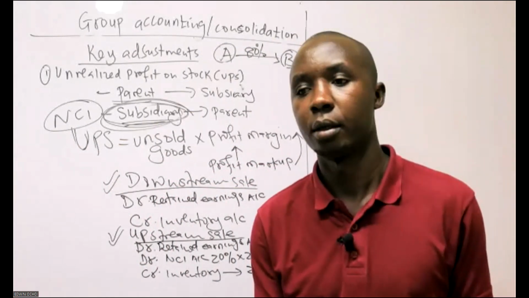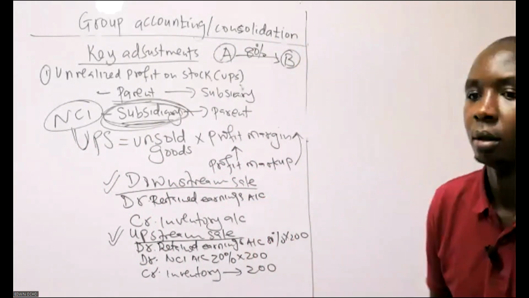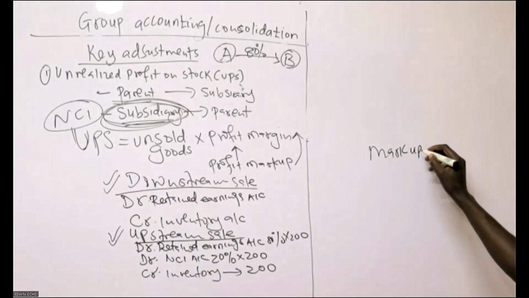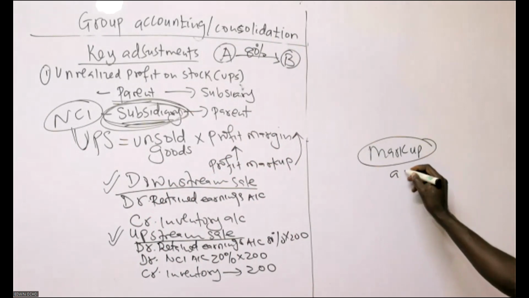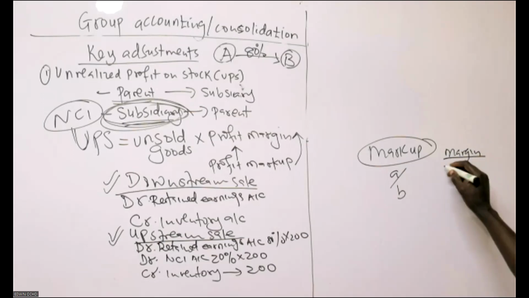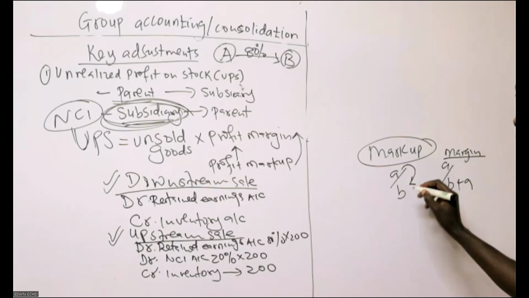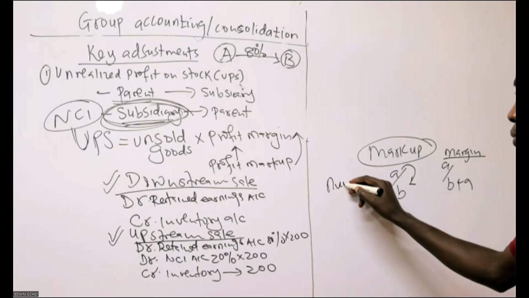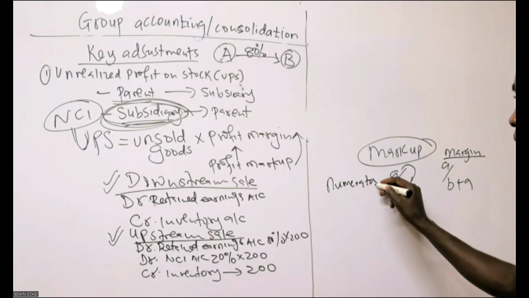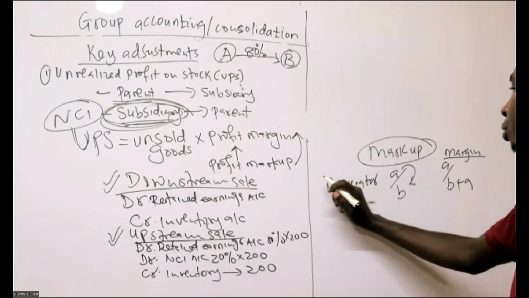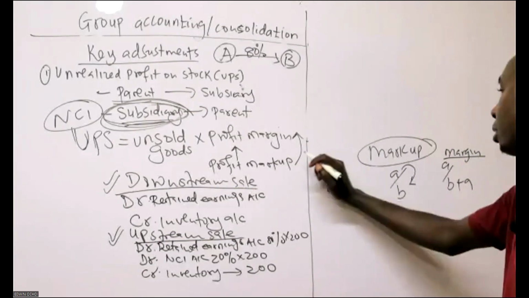When you are changing markup to margin, if you are given markup A over B, margin will be A over B plus A, meaning that you add the numerator to the denominator. You know a numerator from mathematics. Denominator. You know those things. I'm not teaching maths.